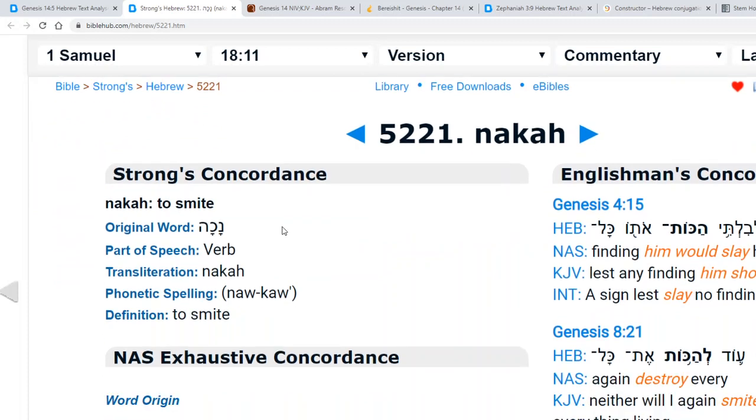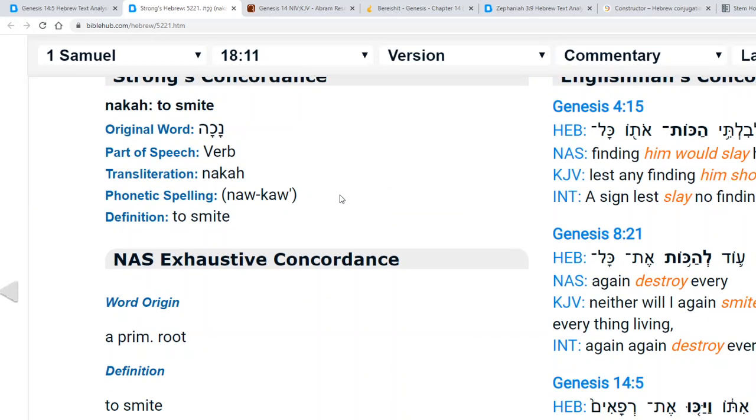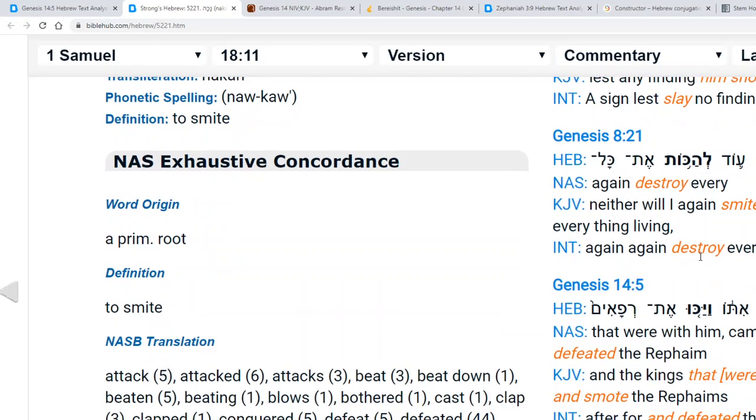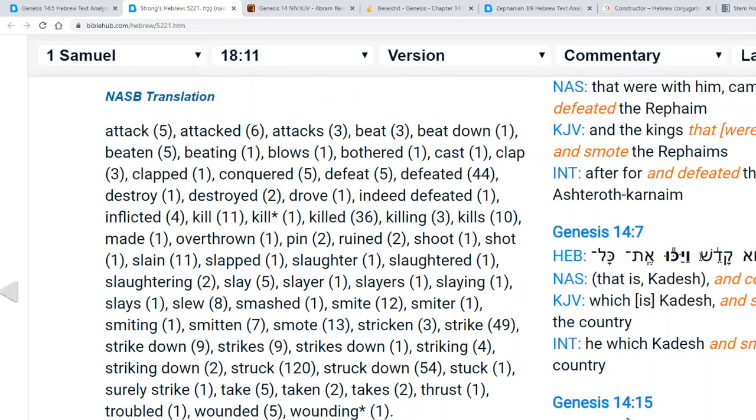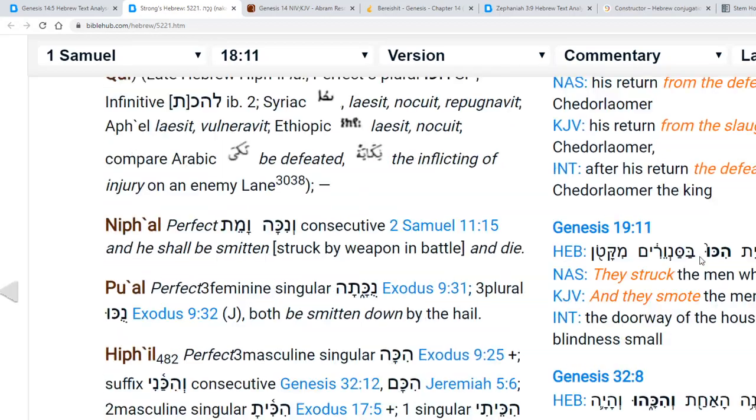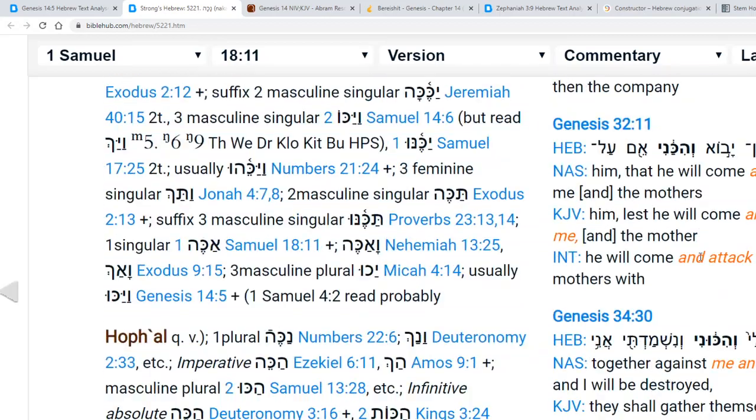So they're saying the root is nun chaf hey. I'm not sure that makes sense to me, because here in Genesis 8, lehakot, that's the infinitive. That doesn't make sense to me. I don't know why they're saying it's nun chaf hey. I would have said it's hey chaf hey.